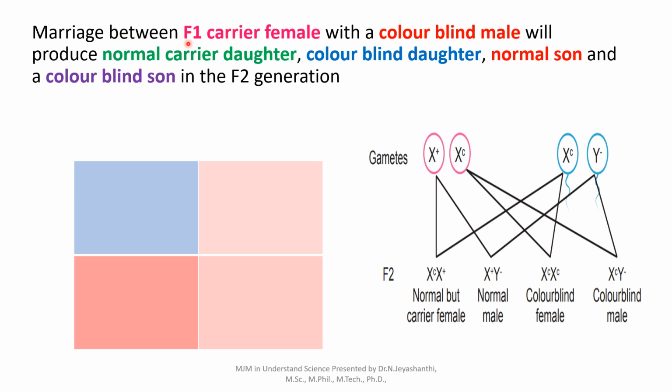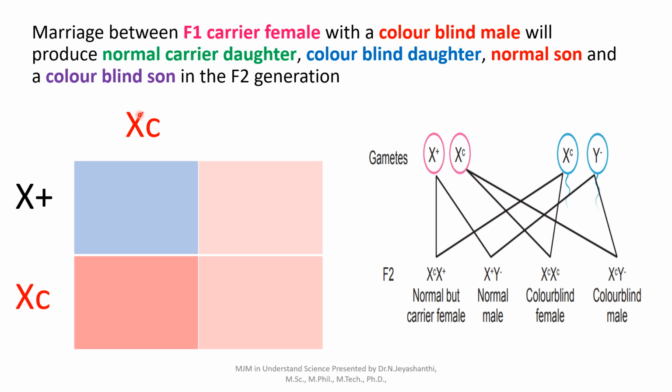Marriage between F1 carrier female and color blind male will produce normal carrier daughter, color blind daughter, normal son and a color blind son in F2 generation. Carrier female produces two types of gametes, one X with normal gene, another X with recessive gene.